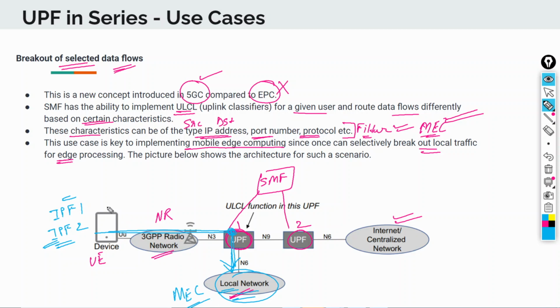And then for IP flow 1, which may belong to a separate filter, right? It might be default behavior to send this traffic out using UPF2 to your central network. So this is how you can have selective treatment of IP flows originating from a given device, but each being worked on differently, right?